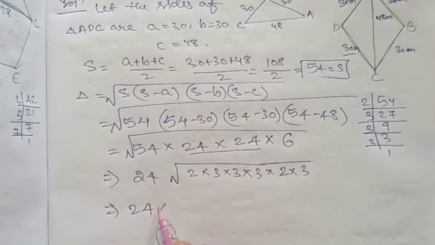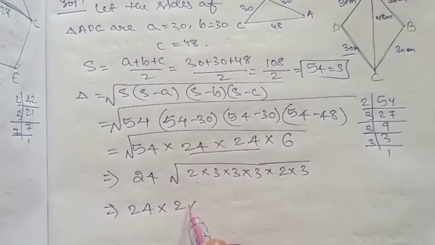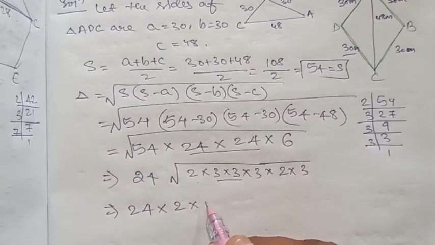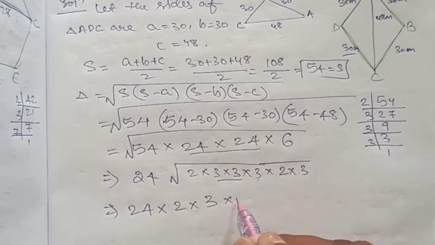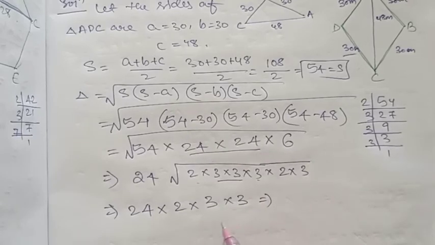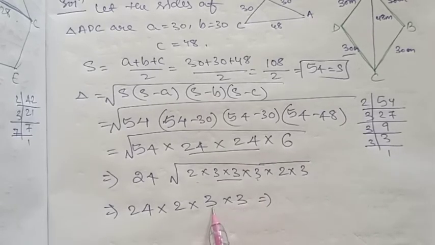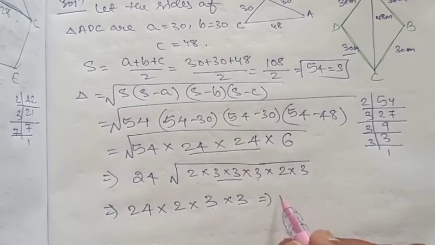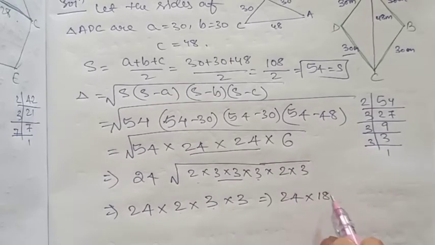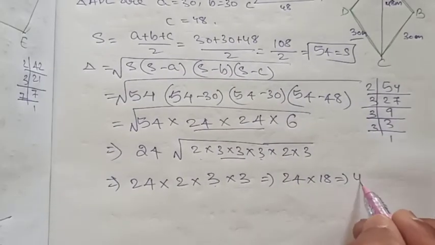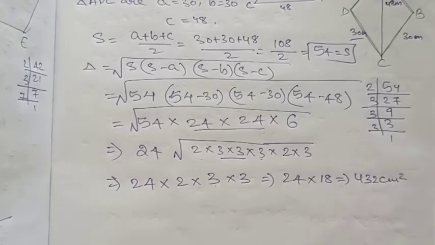Now out of 2 2s, 1 will come outside, out of 3 3s, 1 will be outside. So the value will be 3 3s are 9, 9 2s are 18, and 24 into 18 we will get 432 centimeter square.